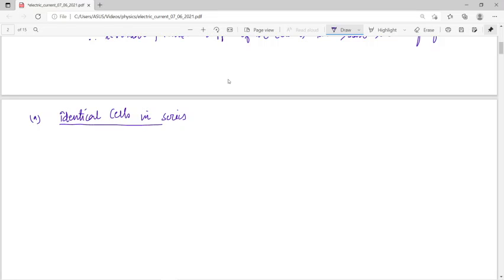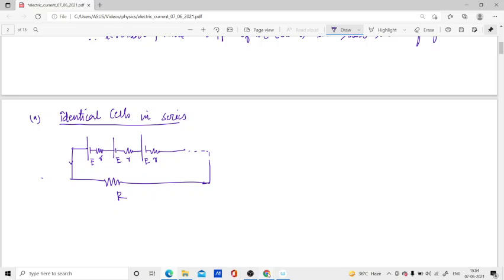If identical cells are connected in series, this is a cell, this is its internal resistance, this is a cell, its internal resistance, and it goes on like that. And this is connected to an external resistance, capital R. Each has EMF E and internal resistance r, and the current is flowing like that.